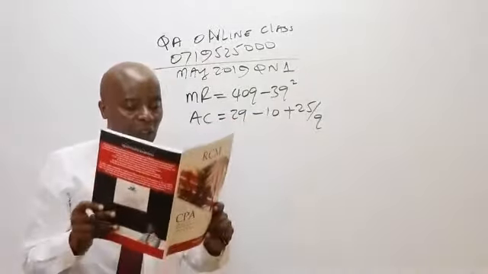So I want us to get the total revenue. From where are we going to get this total revenue? Ladies and gentlemen, we are going to get total revenue from the marginal revenue. They have given us the marginal revenue.